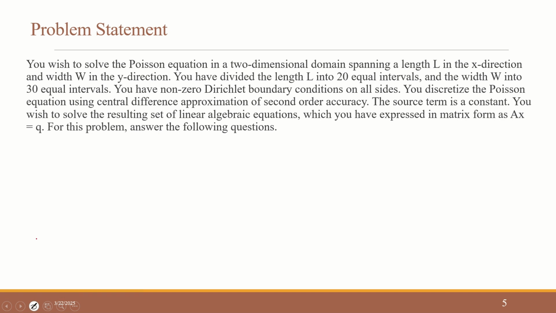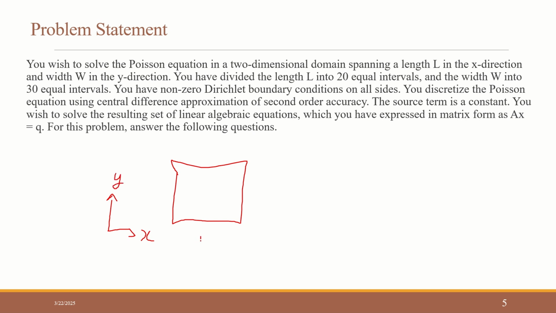So what is given? We are asked to solve the Poisson equation in a two-dimensional domain. So the domain is looking like this. It is a two-dimensional domain and we are talking about x and y. This is x and this is y.